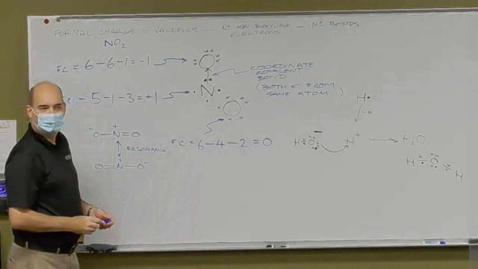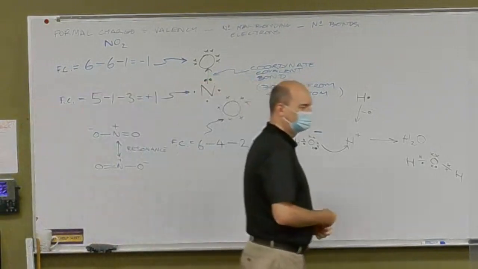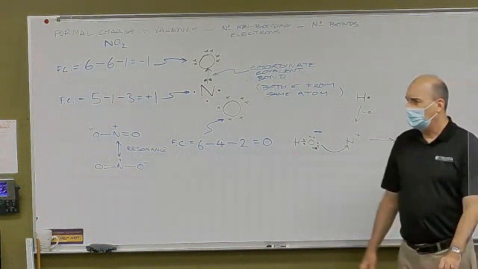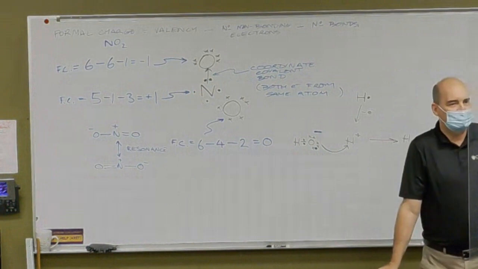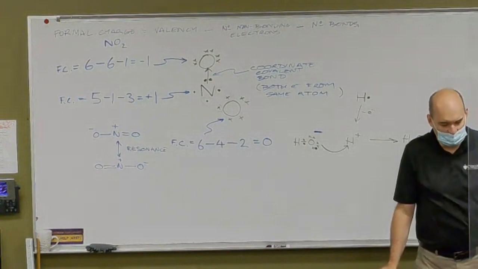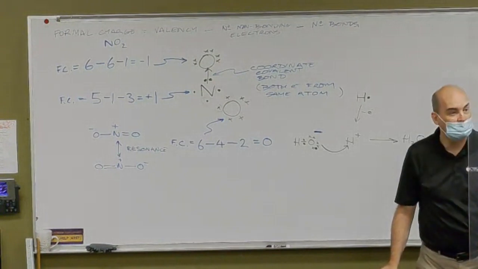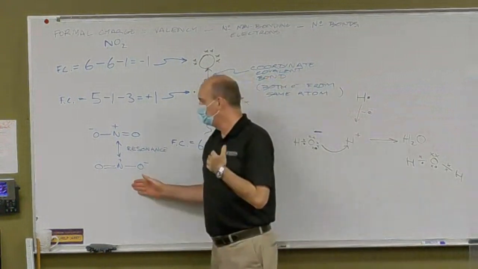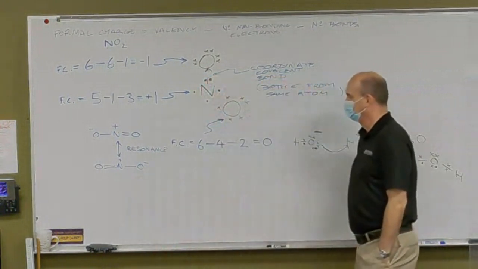They shuffle from one side to the other. I'm not going to talk too much about resonance, but what resonance does is it always stabilizes the energy of the molecule that you're looking at. The electrons are a target. The positive charge is a target. The negative charge is a target. And if you can move them around, you now have a moving target, which means that they are more stable. Okay?